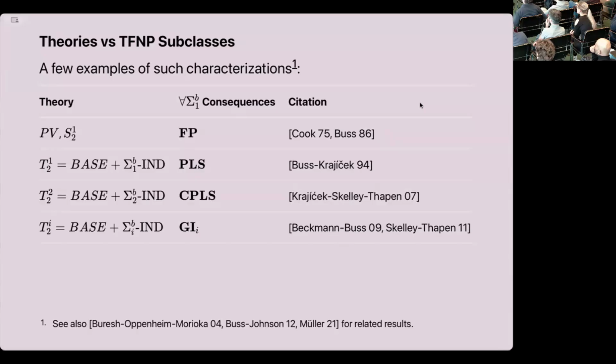In particular, sigma B1 induction corresponds exactly to this class PLS that I was just talking about a few minutes ago, the problems that are reducible to local search. You have to be a little careful whether I'm talking about Turing reductions or many-one reductions here. Luckily for PLS at least, they're the same definition, so let's not worry about it too much.